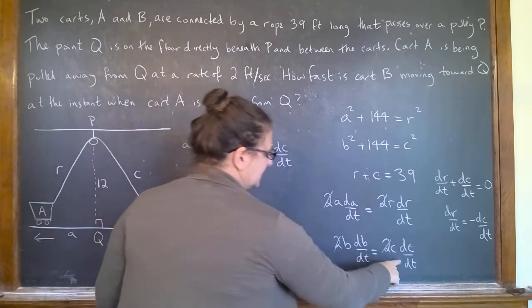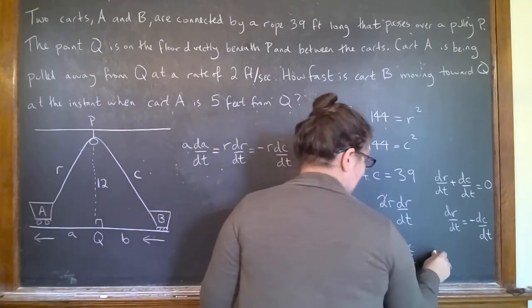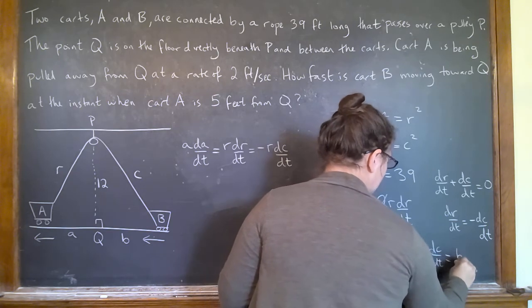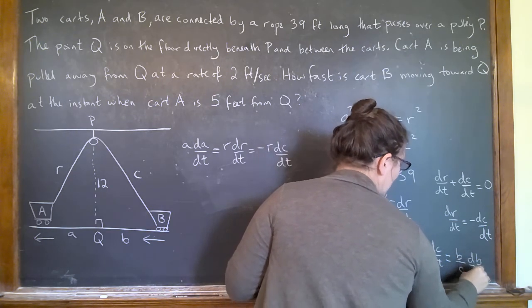And here's the dc/dt. So if I solve this guy, this is going to give me dc/dt equals b over c db/dt. So that's the one I need.